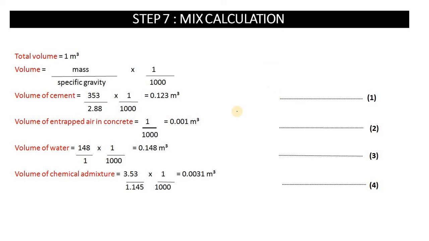Next we will see the volume of admixture. The volume of admixture will be 3.53 upon 1.145 into 1 upon 1000. So we'll have the volume as 0.0031 meter cube.